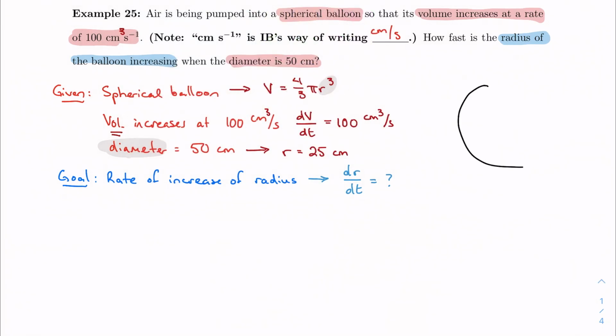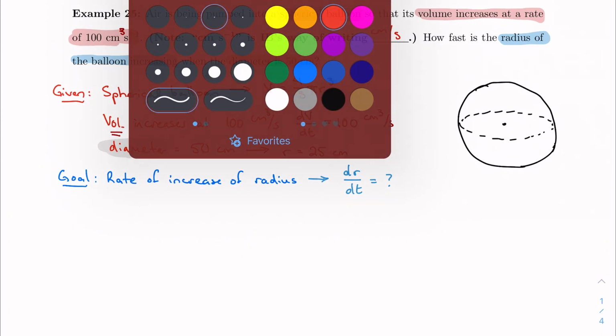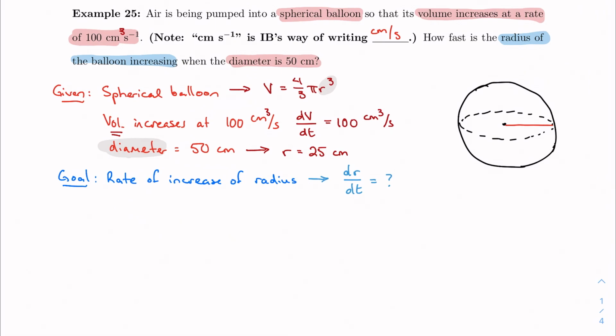Here is my sphere. It has a radius. I'm just going to mark the radius in because that's usually more helpful. It has a radius, and we know that that radius is equal to 25 centimeters.